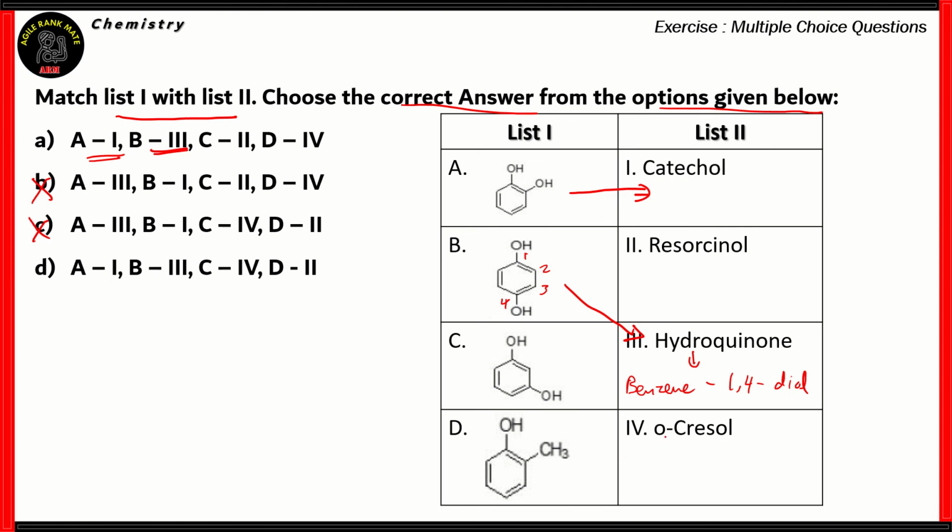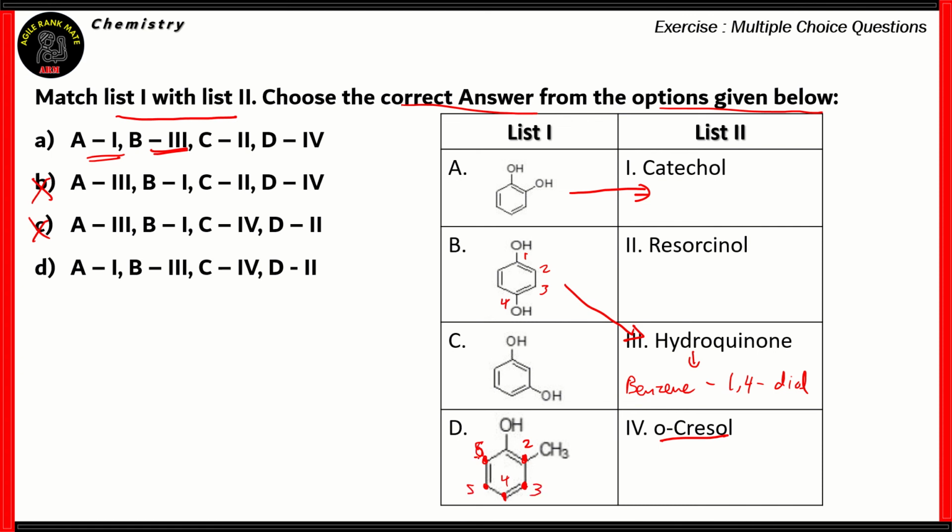Now if you look at orthocresol, in a benzene ring, the ortho position is positions number 2 and 6 on the ring with respect to the initial functional group, and the para position is position number 4. The meta position is position number 3 and 5.